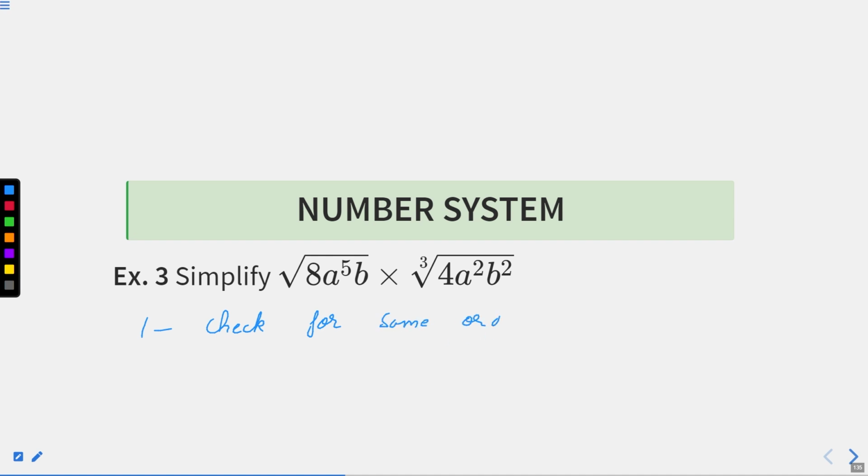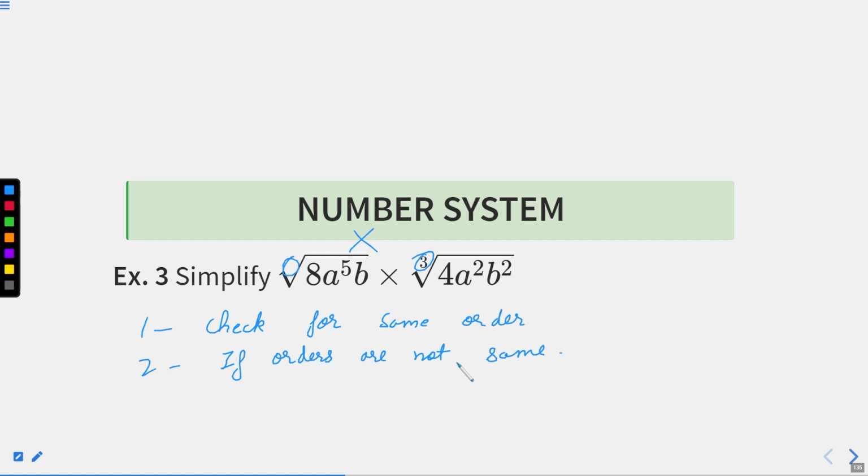Here the orders are not the same. Second, if the orders are not the same, then what we will do? We will take the LCM.